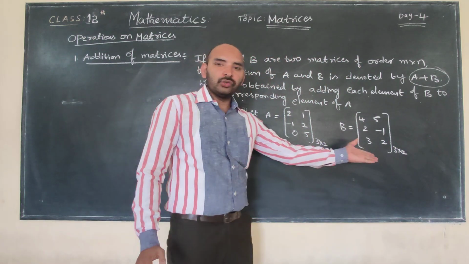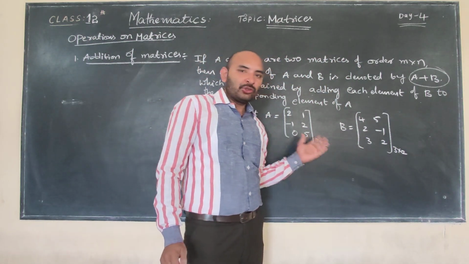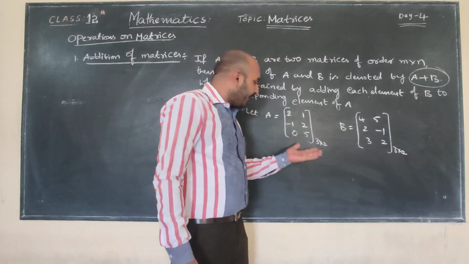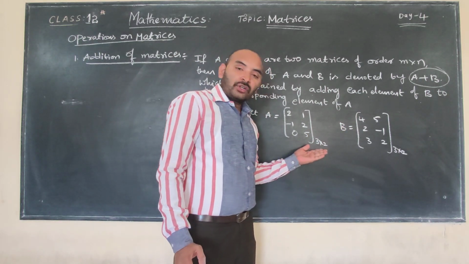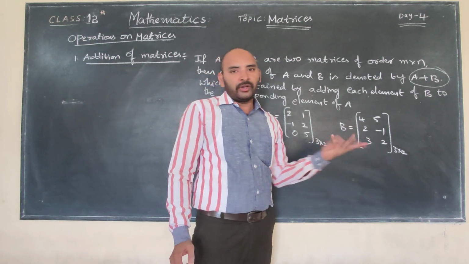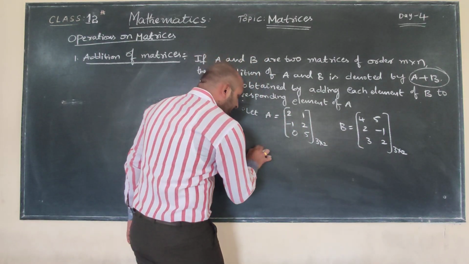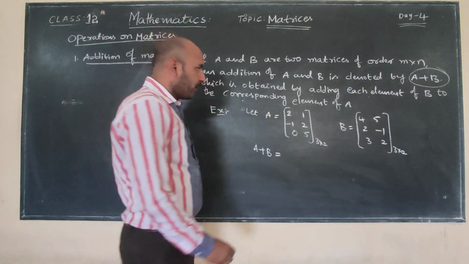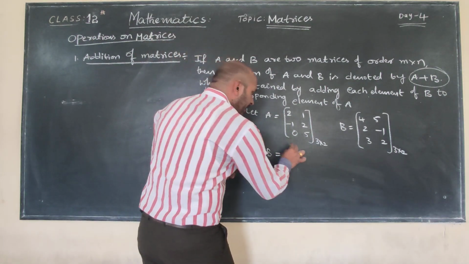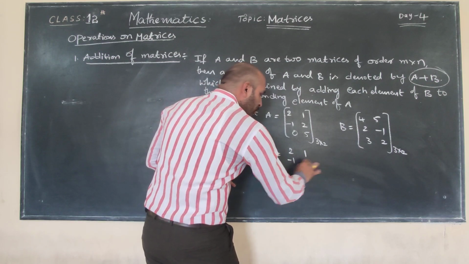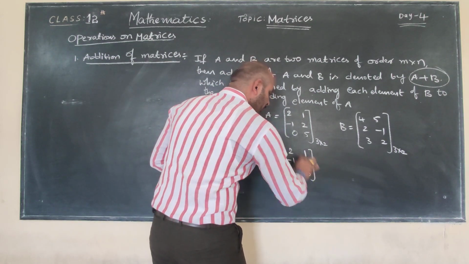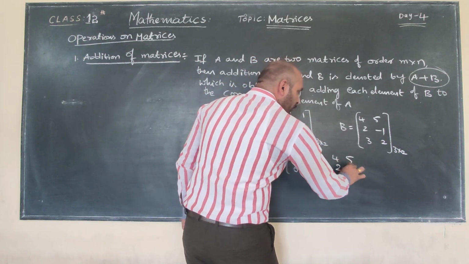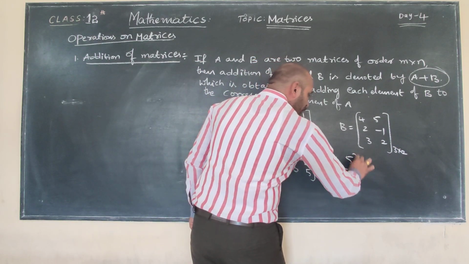Not only 3 cross 2, you can take a 2 by 2 matrix, that means 2 rows and 2 columns, or 3 cross 3, 3 rows and 3 columns, and again 1 cross 2 and 2 cross 1, that is your interest. So the addition of matrices is denoted by A plus B equal to, I am taking first matrix A, 2, 1, minus 1, 2, 0, 5, plus the second matrix 4, 5, 2, minus 1, 3, 2.